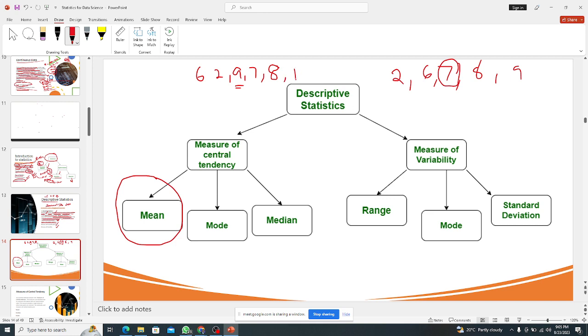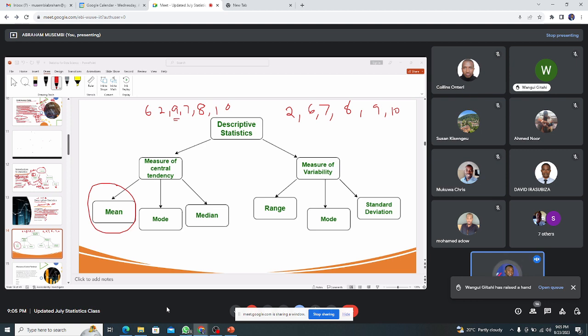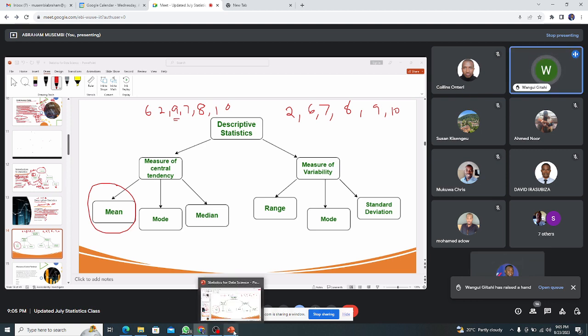What if I had 10 here as well? What is our median? It is the average of the two middle values.